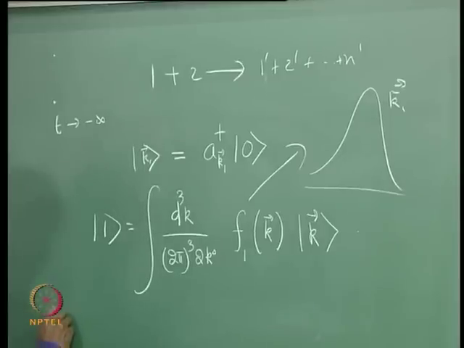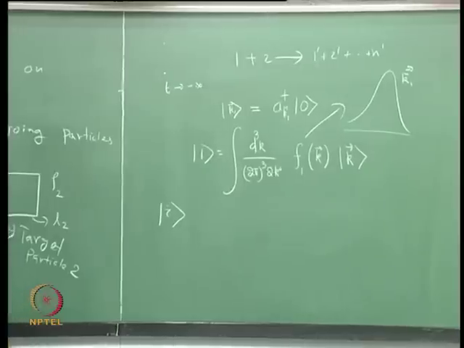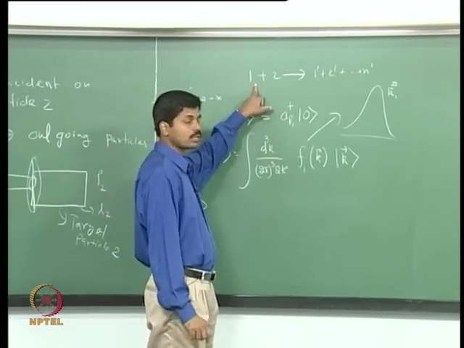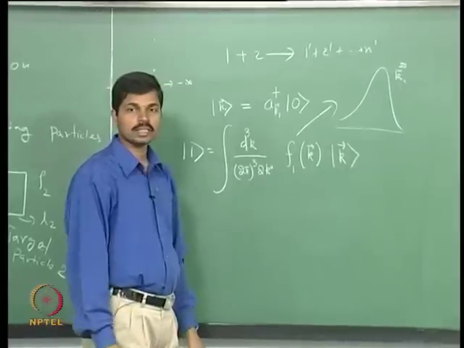The initial state is not a one particle state, it is a two particle state, right. We are considering a process where a particle of type 1 and type 2 interact with each other and go to some final state.